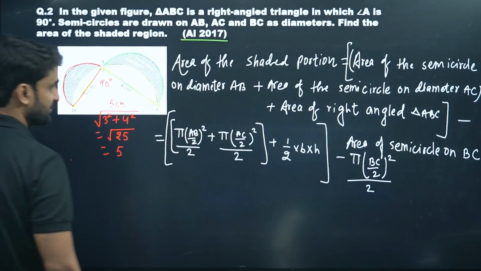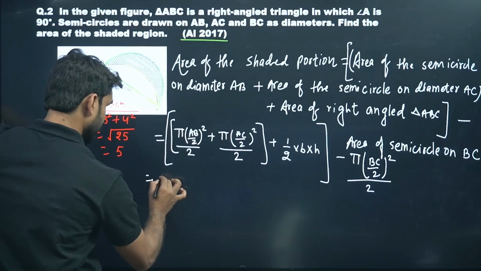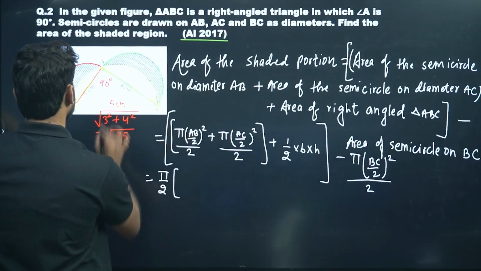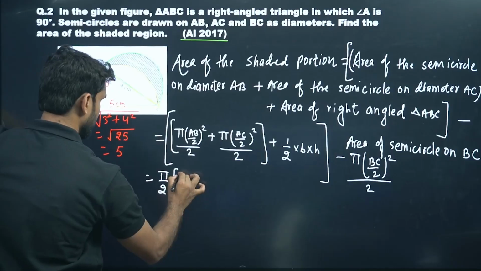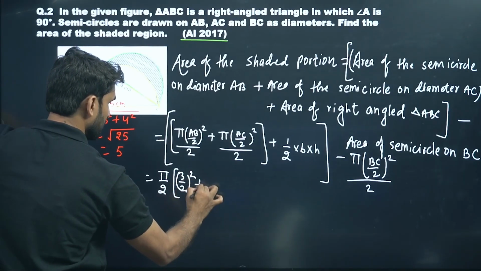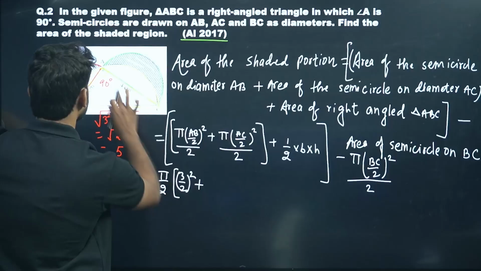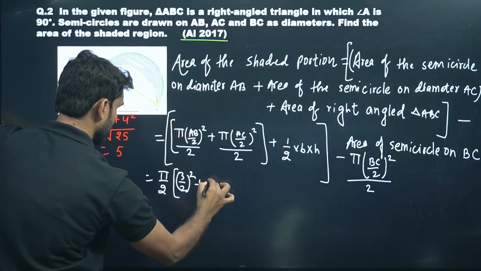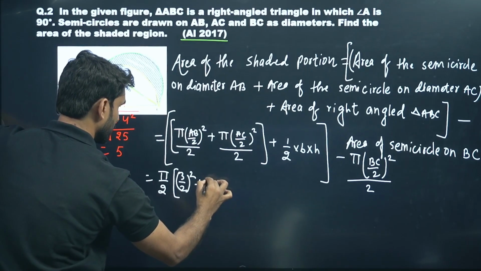Now do this question here. So we can take pi by 2 common. What will be the radius? AB is 3, so 3 by 2 whole square plus AC by 2. What is AC? 4. So 4 by 2 is 2, so 2 whole square.